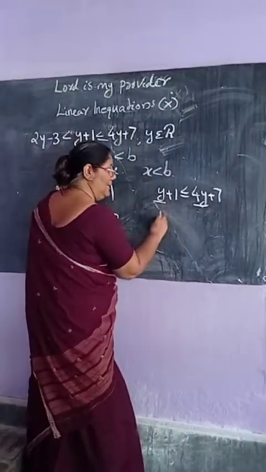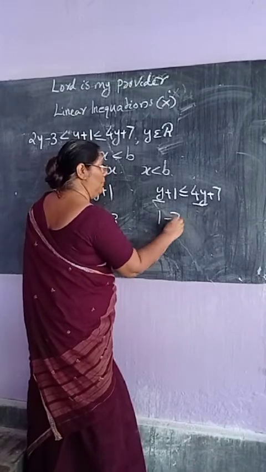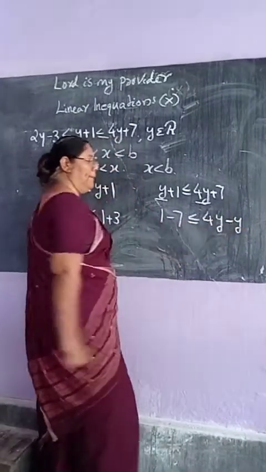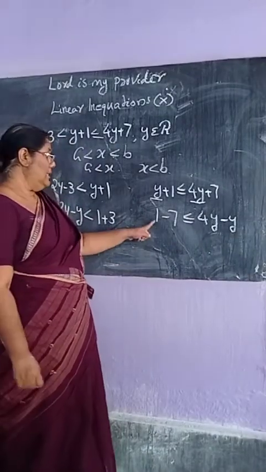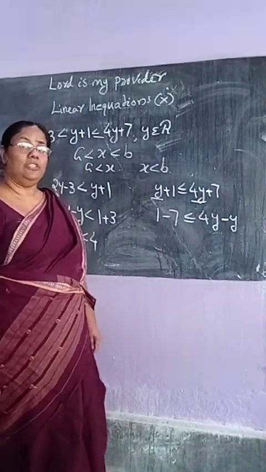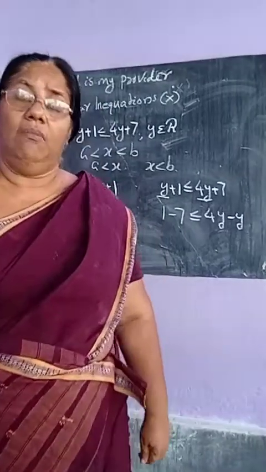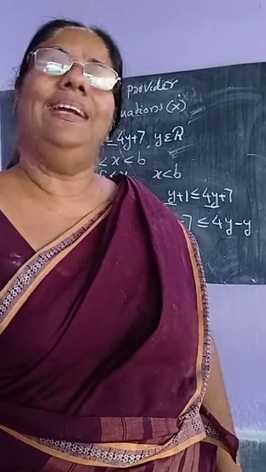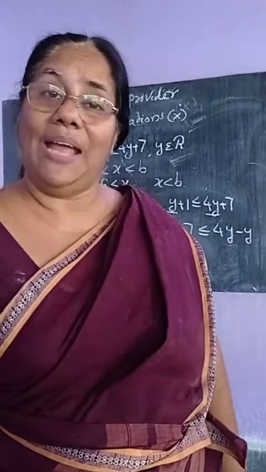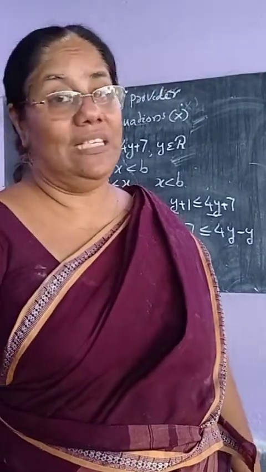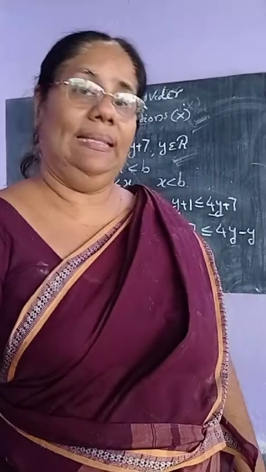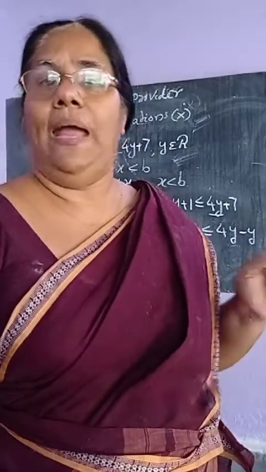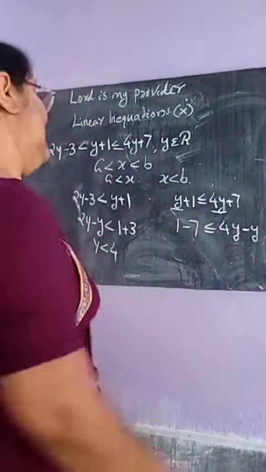Therefore 1 is here, plus 7 changes to minus 7 less than or equal to 4y minus y. Understand? What is 1 minus 7? If one number is positive and the other number is negative, what to do in maths? Take the difference and put the sign of the greater number.